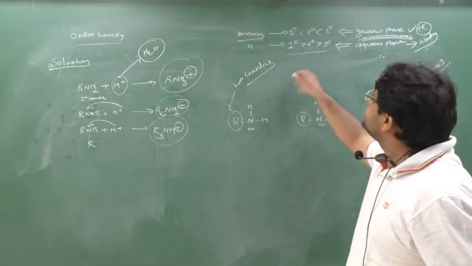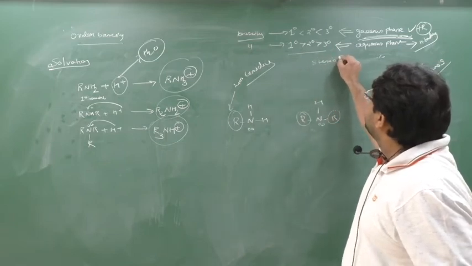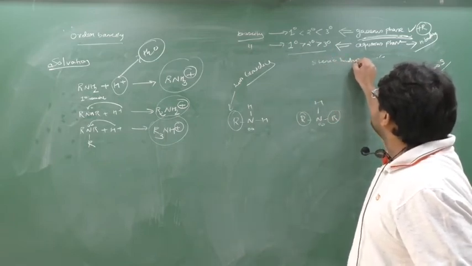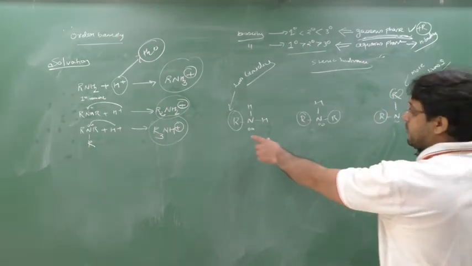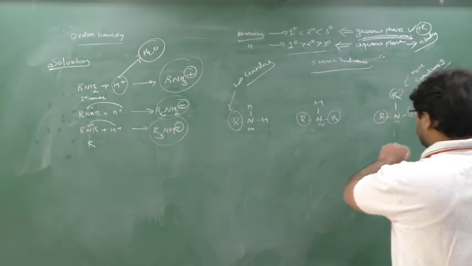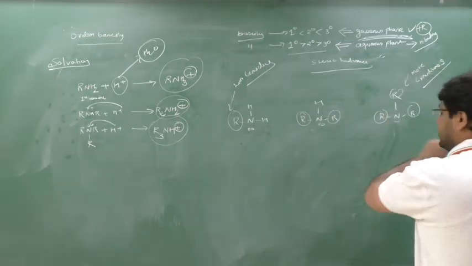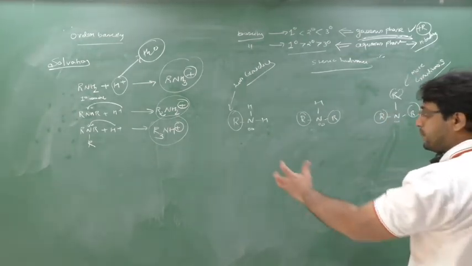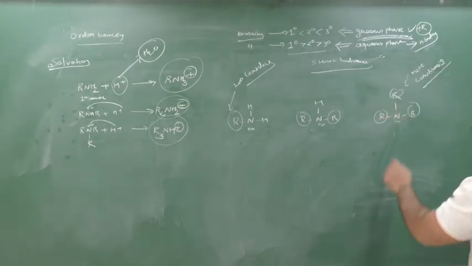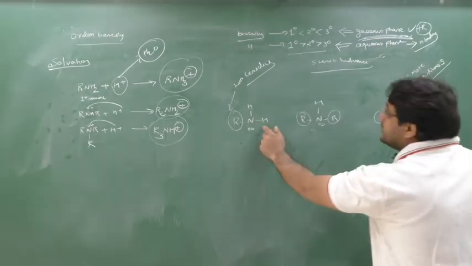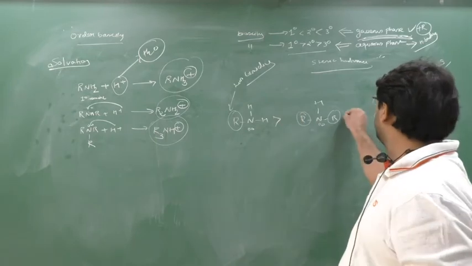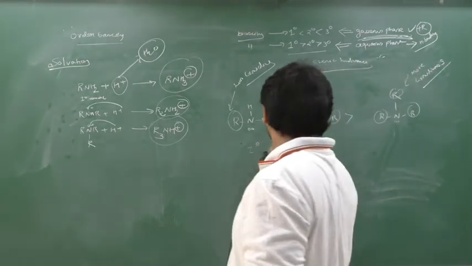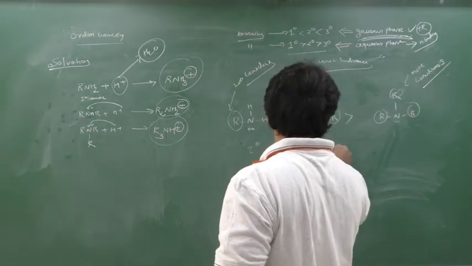If I see with the logic of steric hindrance, 1 degree has only 1 R, 2 degree has 2 R, 3 degree has 3 R. When I go from 1 degree to 3 degree, crowdiness increases, so the upcoming hydrogen will face difficulty entering. Here it can enter easily because of less crowdiness, so this will be more basic. So 1 degree will be greater than 2 degree, greater than 3 degree in basicity.